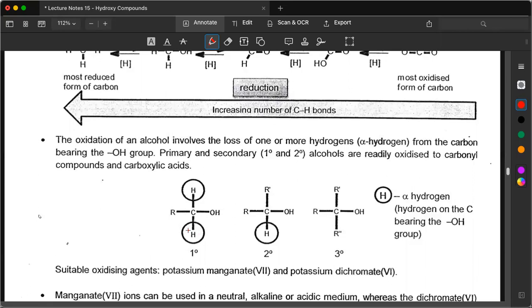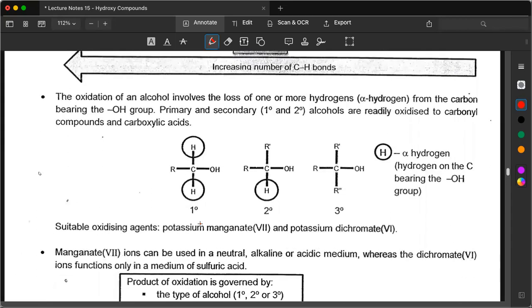It's the hydrogen on the C bearing the OH group. So alpha hydrogen is the hydrogen that is bonded to the same C that is bonded to the OH, as shown in the diagram. So this H here is not alpha hydrogen.